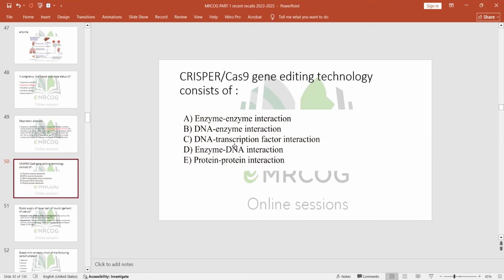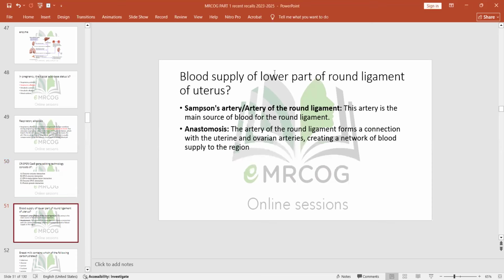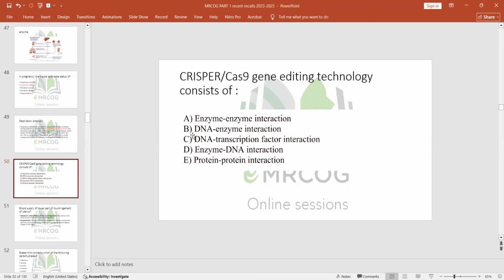Cas9 is an enzyme. It's not a transcription factor. This enzyme is going to lead or guide the transcription factors how to work, but it's not a transcription factor. So I think the correct answer would be DNA-enzyme interaction. Okay, do you agree? I don't know if you agree or not. Anyway, so yeah, this DNA-enzyme interaction, this is what I think.